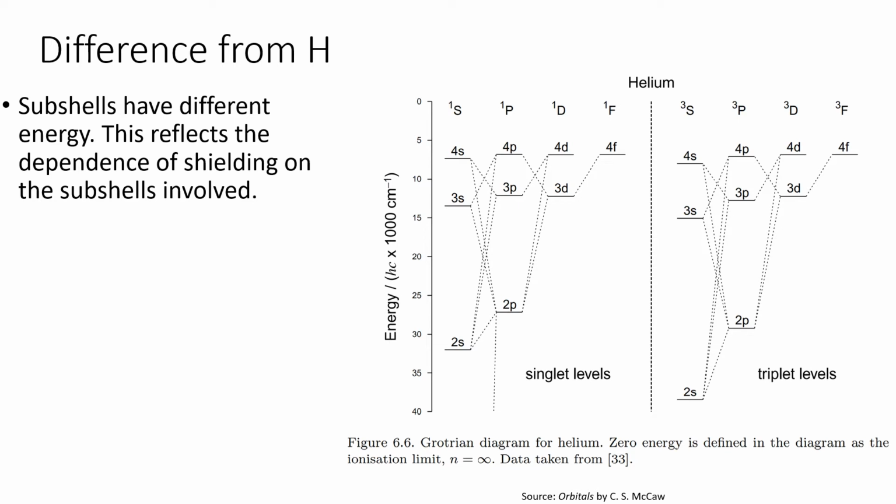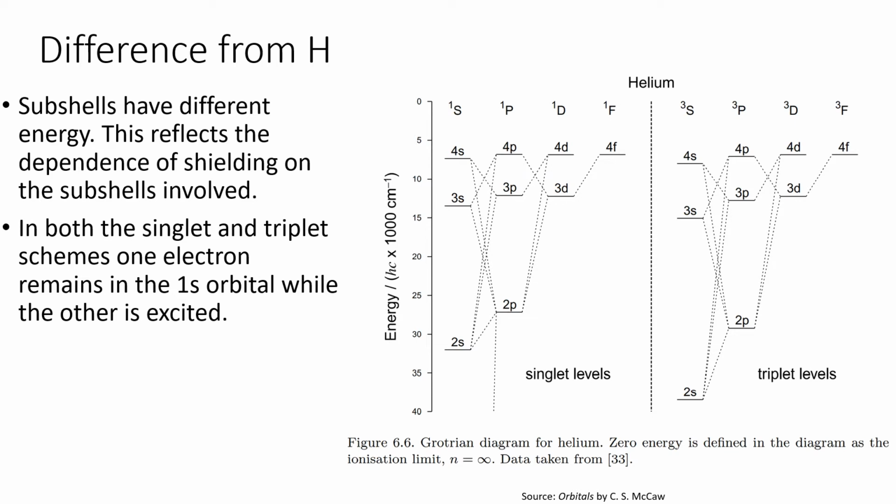And we rationalise this by saying that there's only one electron in hydrogen, and we see the different subshell energies as evidence of shielding, because the orbitals of the different subshells are different shapes. Then they interact slightly differently in a multi-electron atom with other electrons. Hence the shielding will depend on which subshell the other electron is in. So when we've got a multi-electron atom, the energy levels of the subshells are in general going to be different. Hence they're not all just lined up neatly like in hydrogen there.